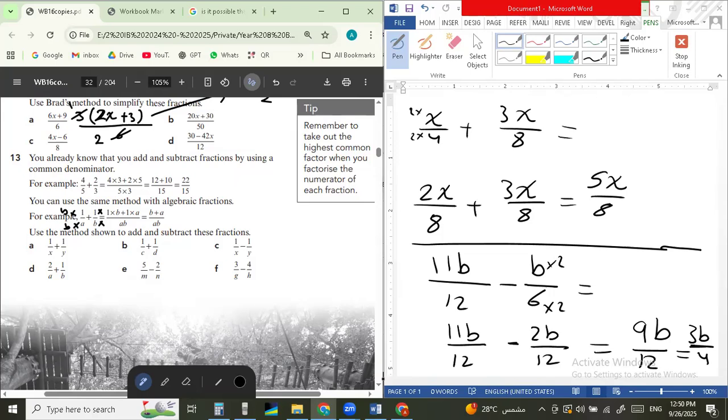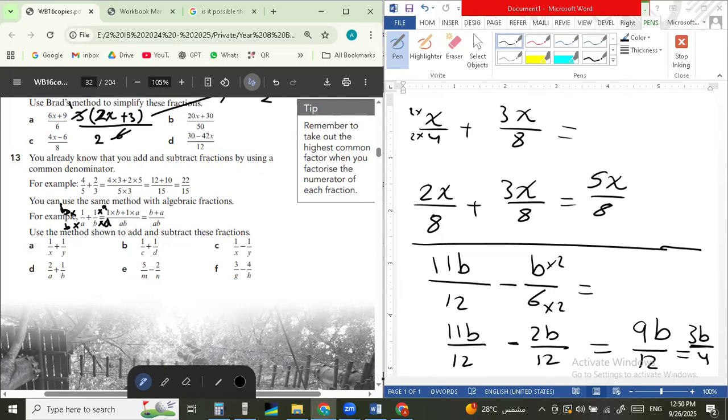So here I'm going to have b times 1, just like what they said to you. a times b is ab. And then 1 times a, here it is, which is b plus a over ab. They came at the end of the homework and got you to the basics again.